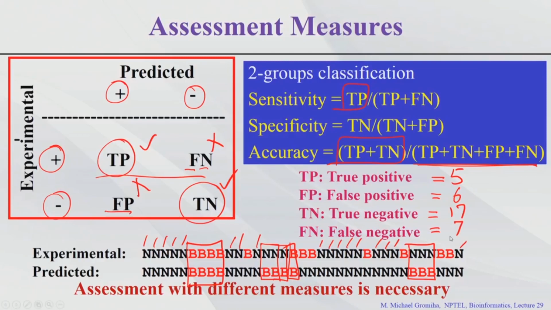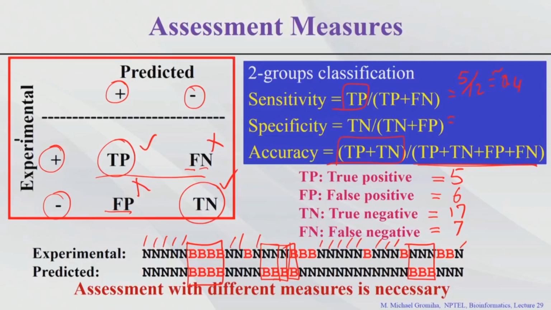If you do this, what is sensitivity? True positive is 5 divided by true positive plus false negative, that is 12. So 5 by 12 is approximately 0.4.